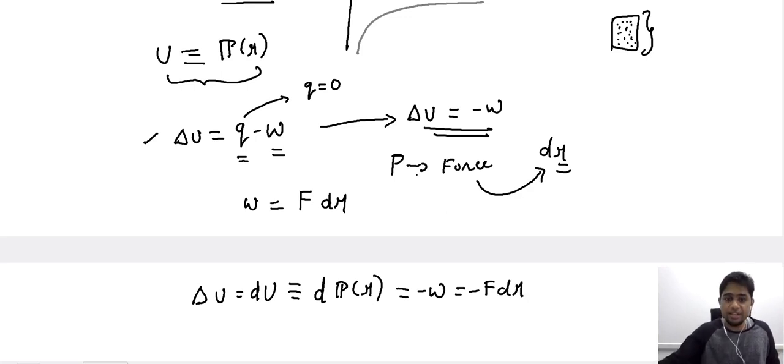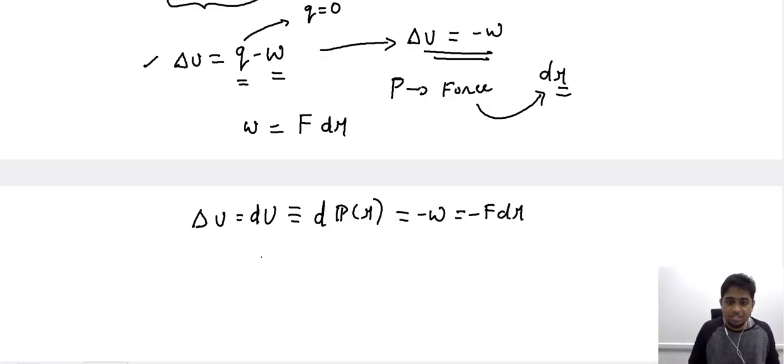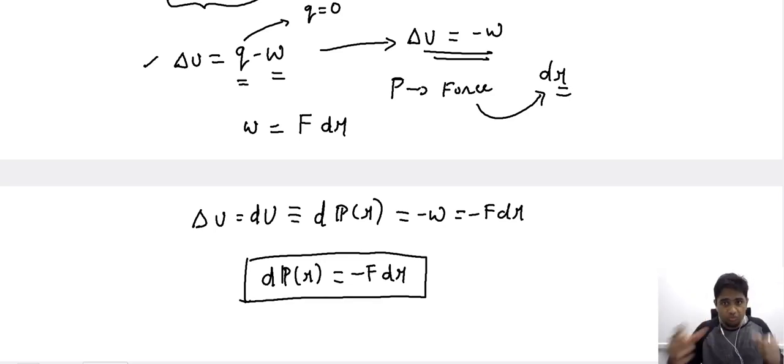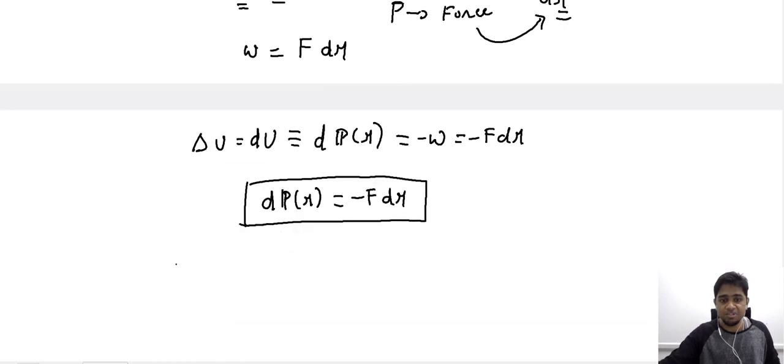So ultimately, the change in the interatomic potential when you impose a uniaxial force onto the system can be expressed in this manner.